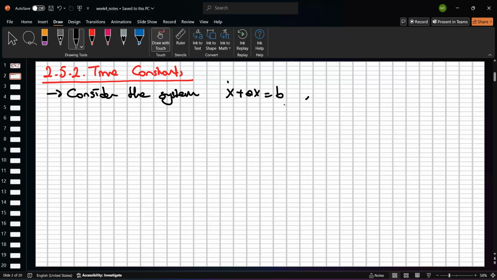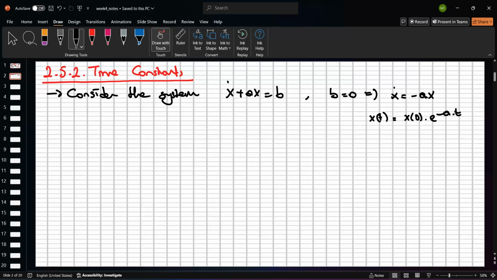So, in order to remove the forced response, we need to remove the b value here, because b is our input. If we set b equal to 0, then our equation turns into x dot is equal to a times x, right? This is our equation. And so our solution is equal to x0 times e to the power of minus a t.